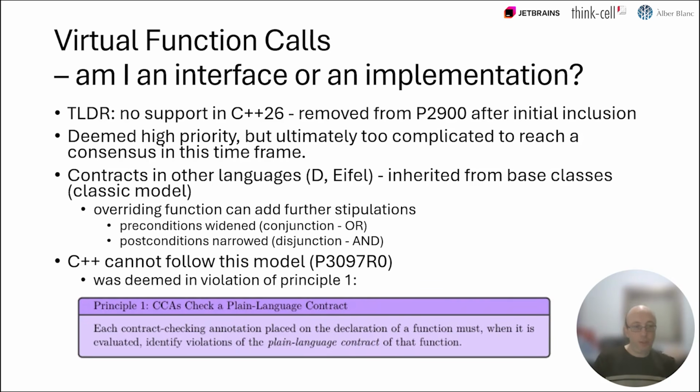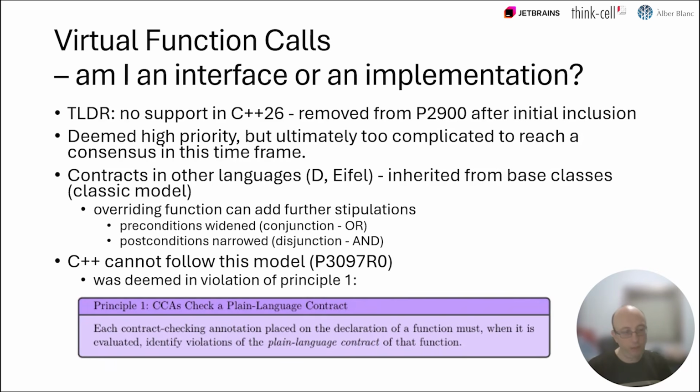In other languages, contracts are inherited from base classes. So when a derived class adds a precondition, that basically provides further allowance for further types of input, therefore they widen the preconditions. And the reverse happens with postconditions.